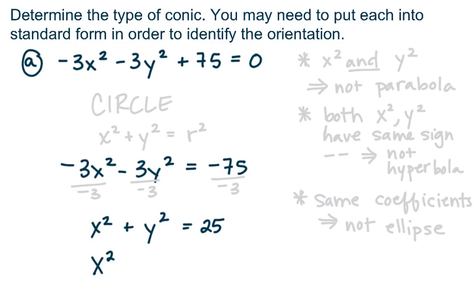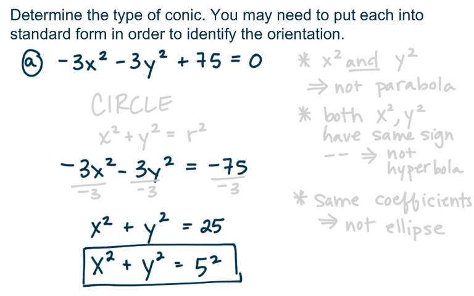So this is the same as x squared plus y squared equals 5 squared. This represents a circle of radius 5. And of course, since there's no h or k value attached to these x and y, this is a circle of radius 5 centered at the origin.